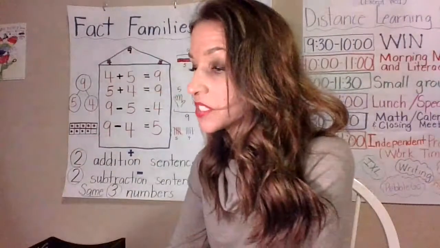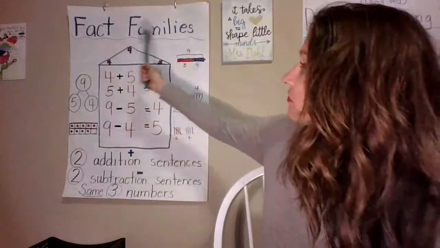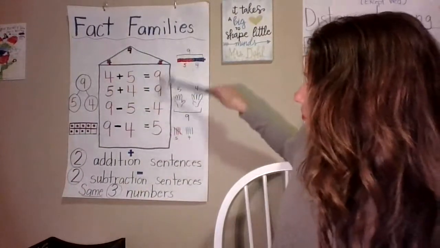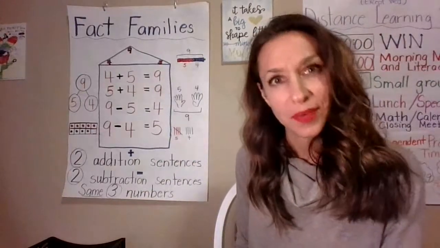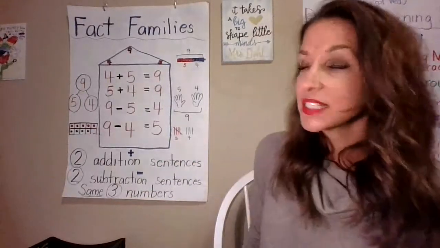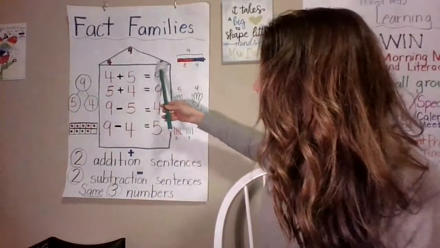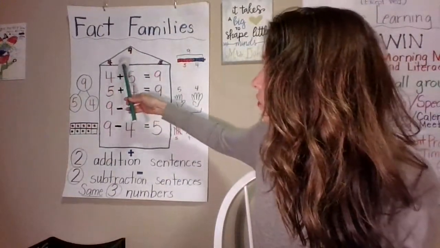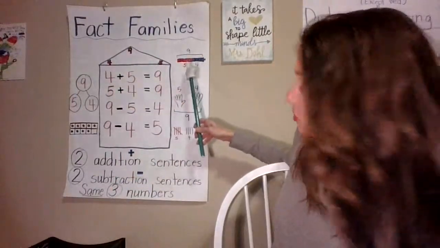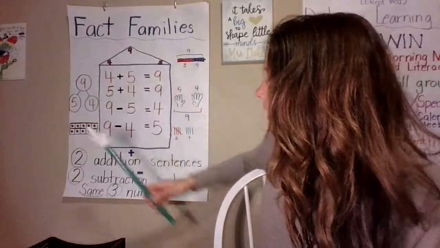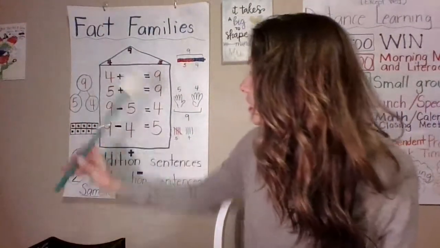If you look at the poster back here, it talks about our fact families, and I drew a house to remind us that fact families, kind of like our regular families, our people families, have the same people. Fact families have the same 3 numbers. This time I used 4, 5, and 9. So I had my 4 cubes and my 5 cubes, and we practiced with a number bond. 4 and 5 go together to make 9.